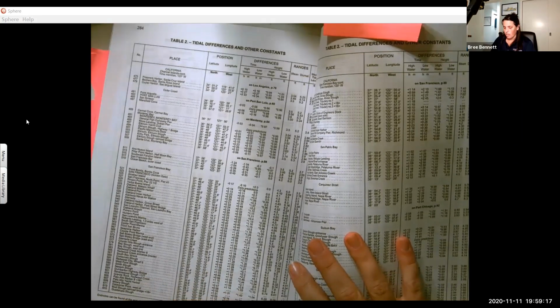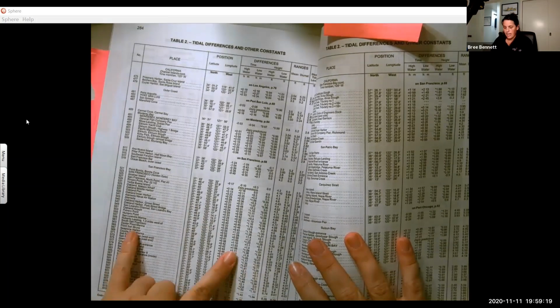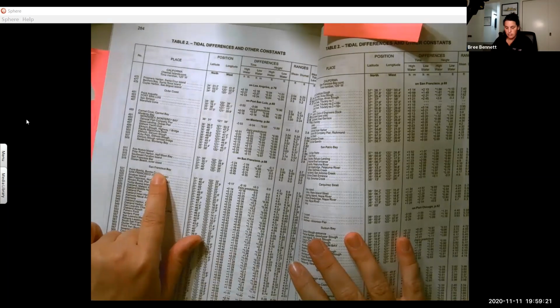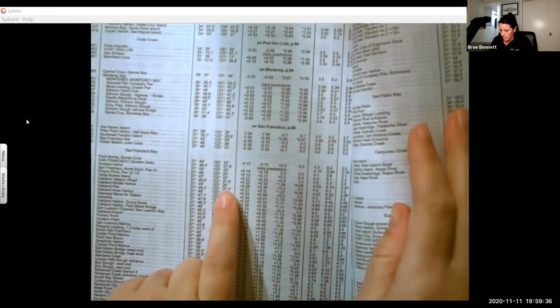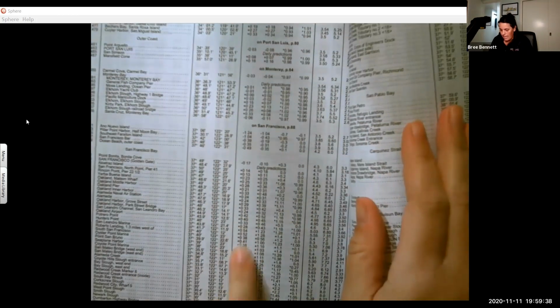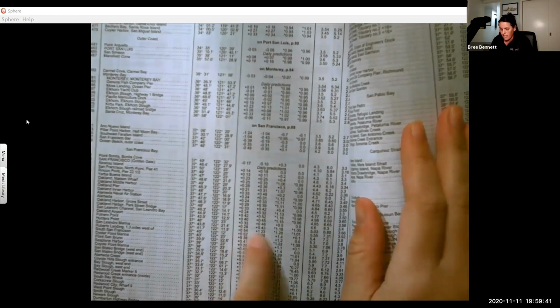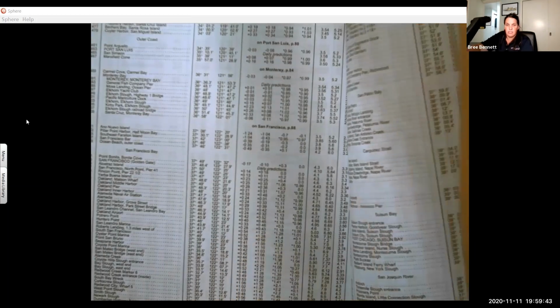I see. So if we are looking at San Francisco Bay, we have lots of subordinate stations within San Francisco Bay. Let me zoom in on this. We have time differences of up to an hour, 54 minutes, an hour, 23 minutes.